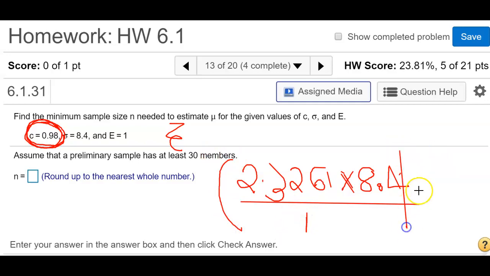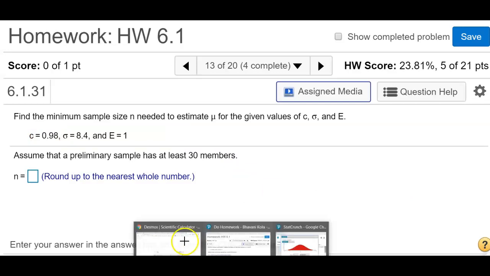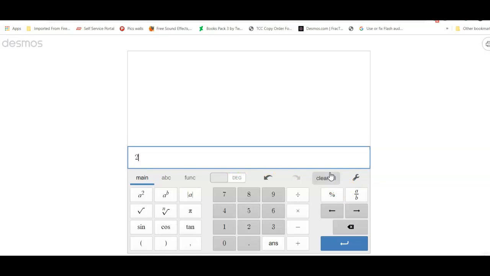So I'm going to go ahead and put this in Desmos for you so you can see, and then I'll plug in the answer. So I'm going to clear this. My Z value is 2.3263 times my standard deviation 8.4 divided by 1, right?